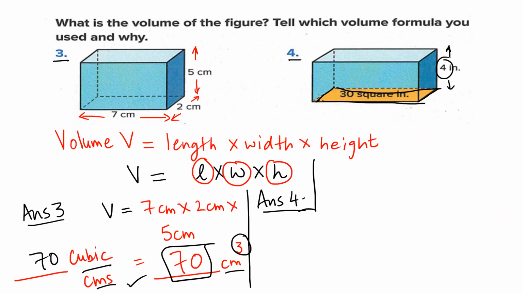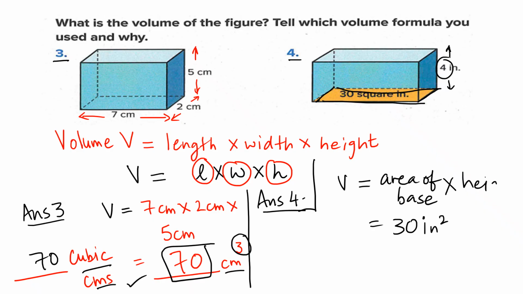So another formula that I use for volume is area of base, which is given in this question how much? 30 square inches. So I can write inches to the power 2 square, and you multiply it with height. This is also another formula that you can use for volume.